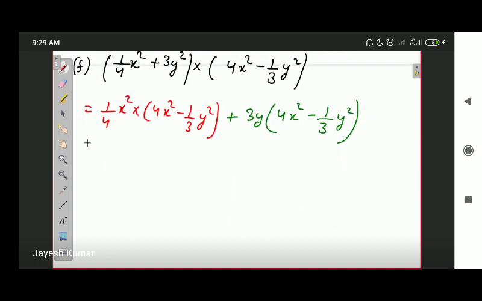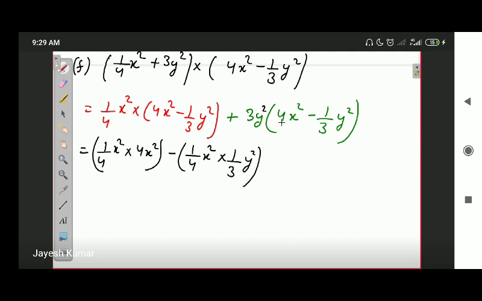Okay, so I will draw one more step. 1 upon 4 x square is to be multiplied by 4x square, minus 1 upon 4 x square is to be multiplied with 1 upon 3y square, plus 3y square is to be multiplied with 4x square, and lastly minus 3y square is to be multiplied with 1 upon 3y square. Okay, so let us simplify it.